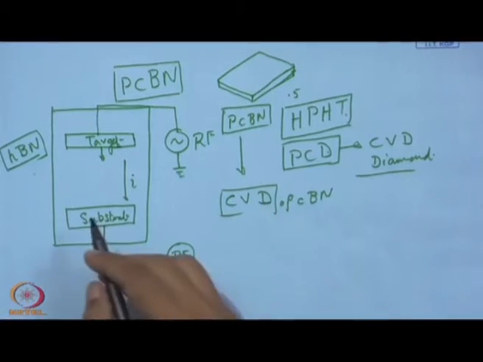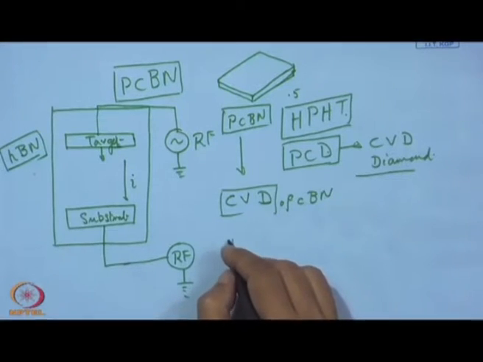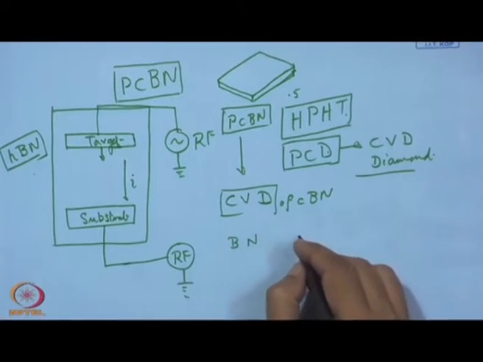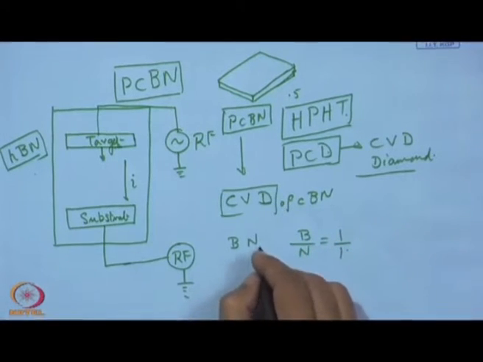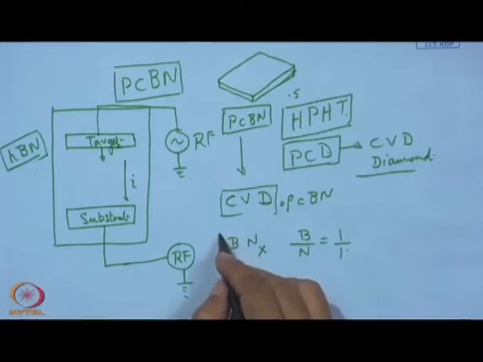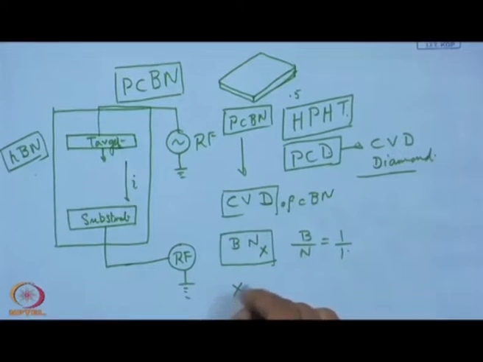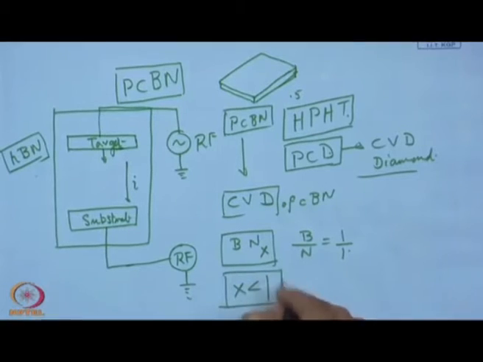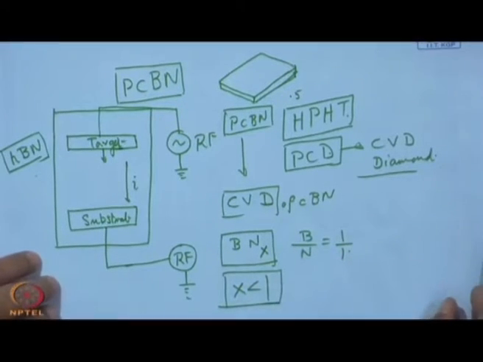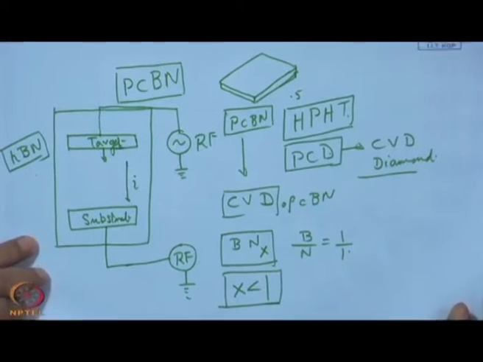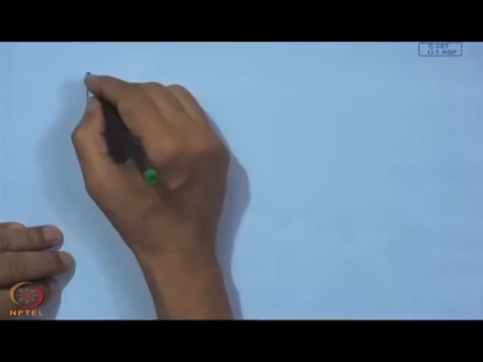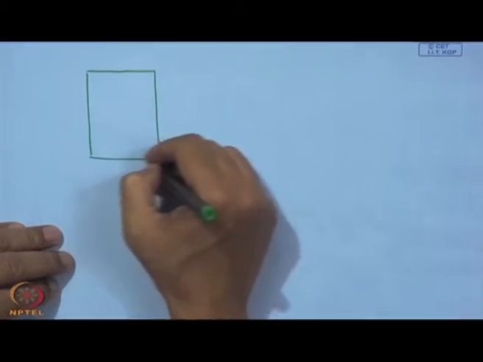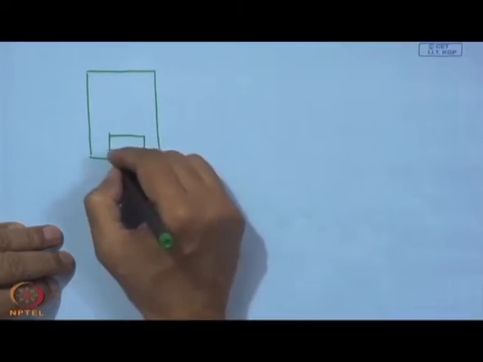But more importantly, the main problem was that this BN was no more B to N as 1:1, but it is less than 1. So, it is actually BNx, where x is less than 1. So, what is to be done to rectify this? What is done is that you have partial admittance of nitrogen with this process.